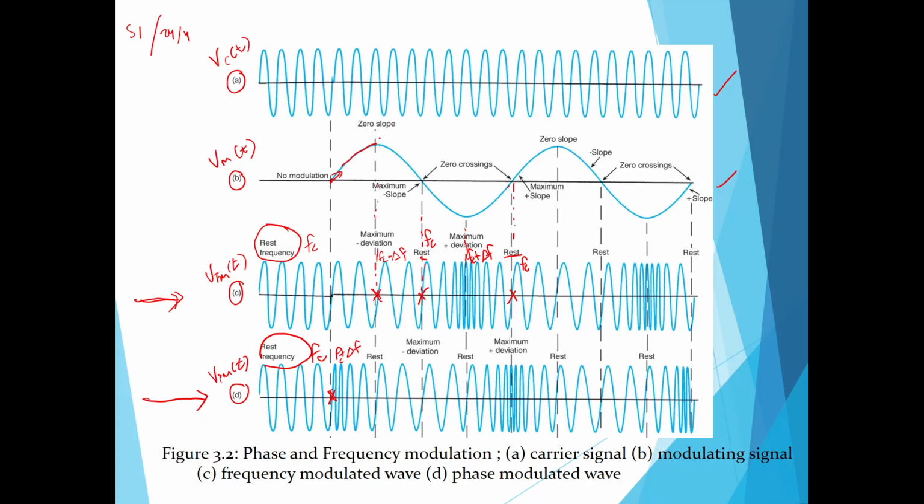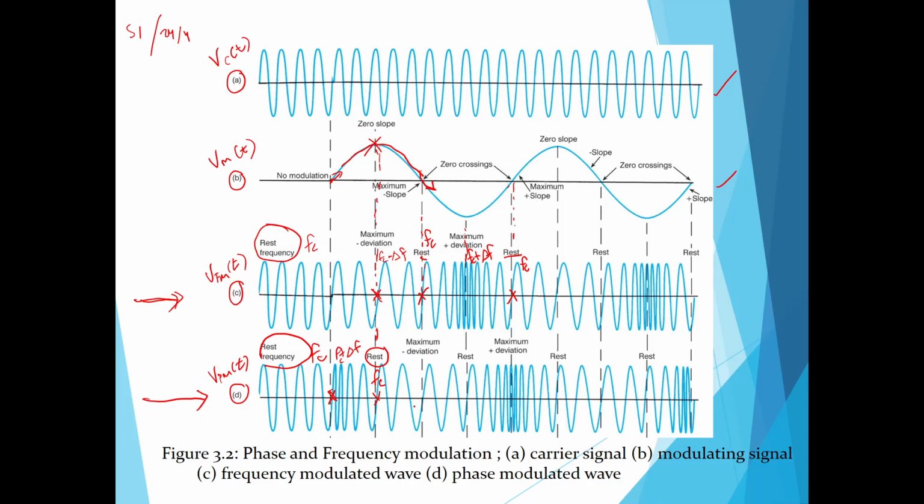And then VMT achieves peak positive amplitude. What happened is that the carrier frequency would be at rest, which is Fc, rest frequency. Then the modulating signal moves towards zero crossing, towards negative polarity.